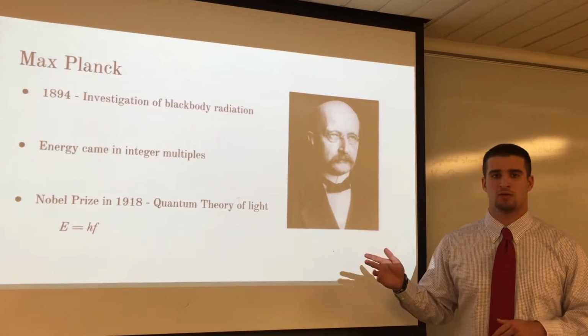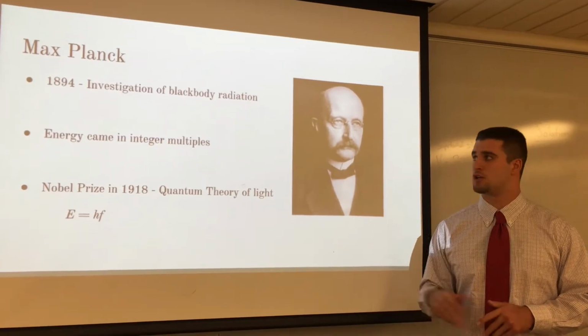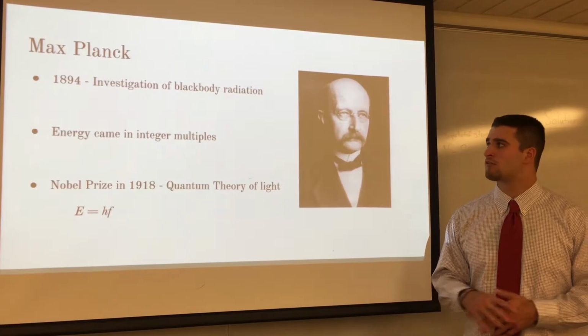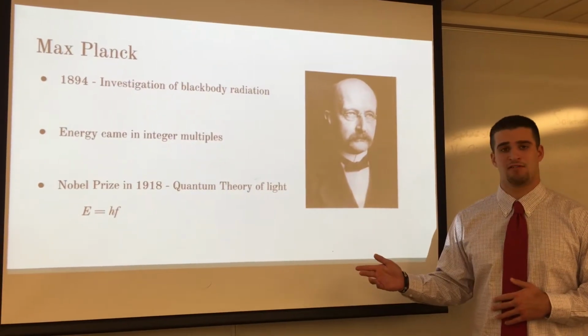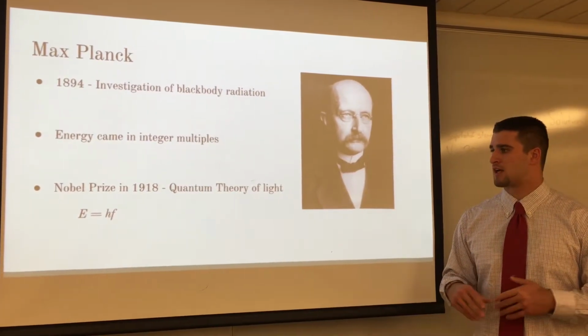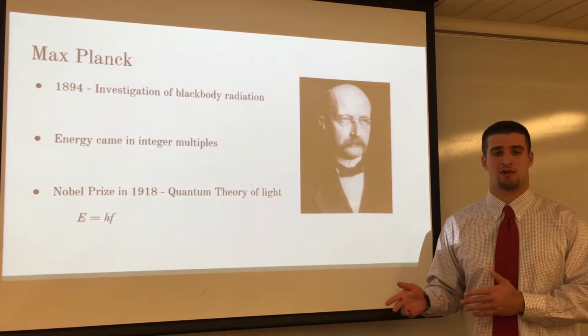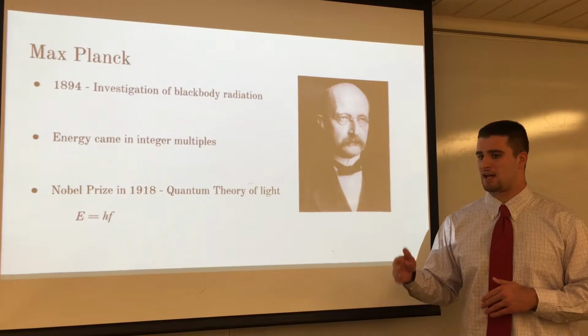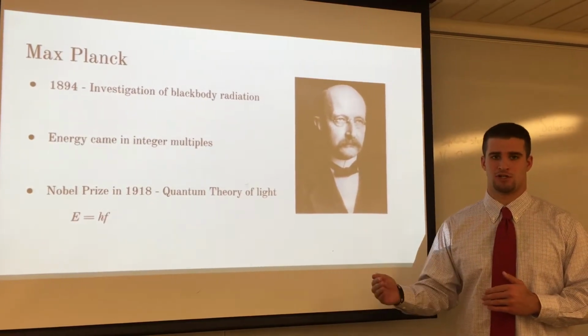In terms of theory, we're going to start off by mentioning German scientist Max Planck, as I'm sure many of you are well aware of. In 1894, he was in charge of investigating blackbody radiation, and in doing so, he discovered that the energy of photons came in multiple integers.